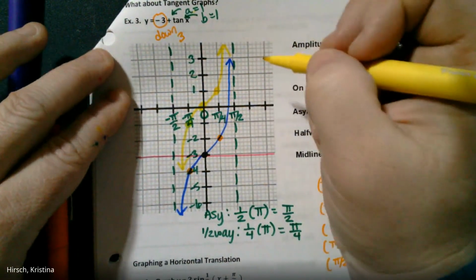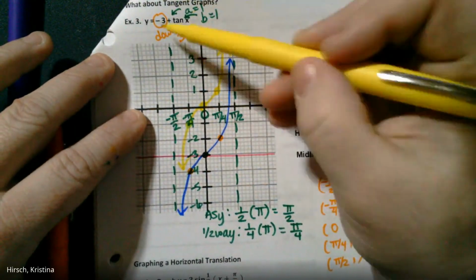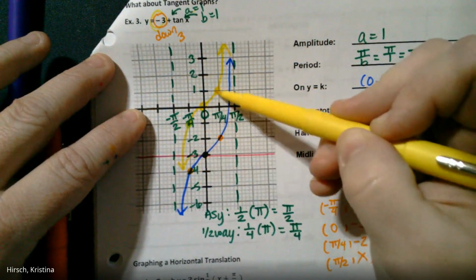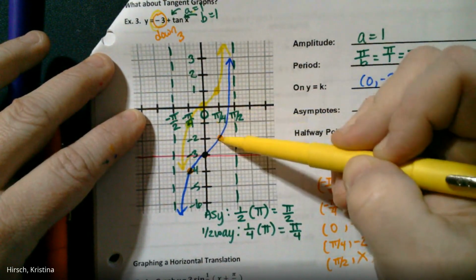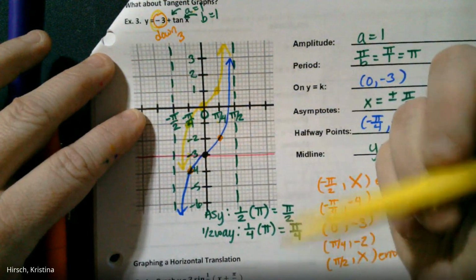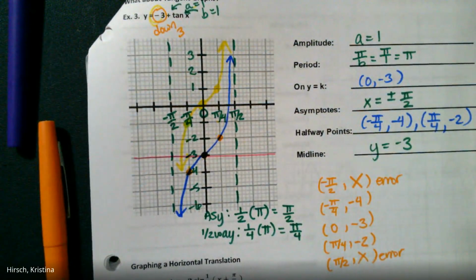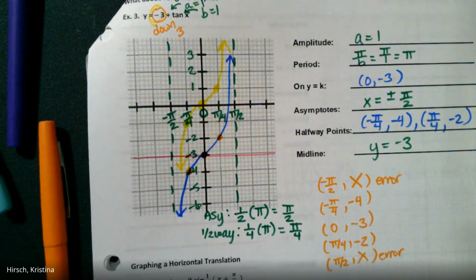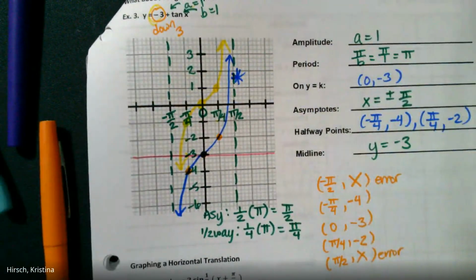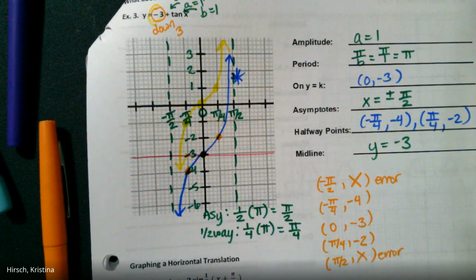Then I would take this -3 and count 1, 2, 3, plot a point. Go to my point, 1, 2, 3, plot a point. Go to my point, 1, 2, 3, plot a point. So you could use the original and shift it that way. I'm going to put a star because I want to make sure I'm looking at that graph, not the yellow graph. That's how you would graph a tangent graph with a vertical shift.